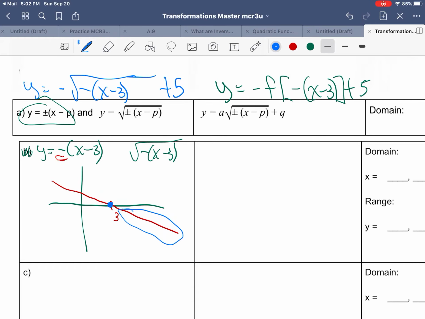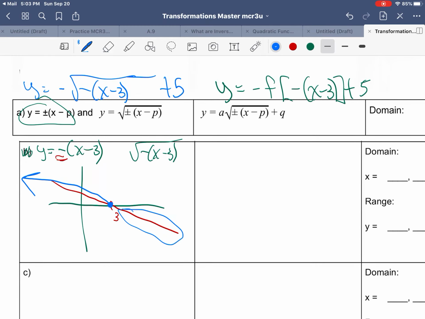This y value here is 0. I can definitely take the square root of that, and in fact, I could take any of the square roots going to the left. Okay, so that's the first part of that. That's the original function, so the line to the original square root. For that, we would see that it opens to the left because of the negative sloping line.